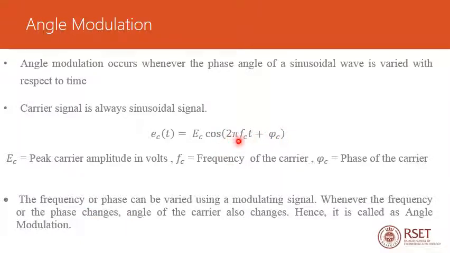The term 2π fc t + φc represents the angle of the carrier signal, so if we change the frequency or the phase, the angle of the carrier also changes. Hence it is called angle modulation.